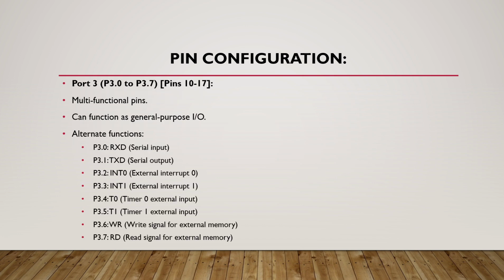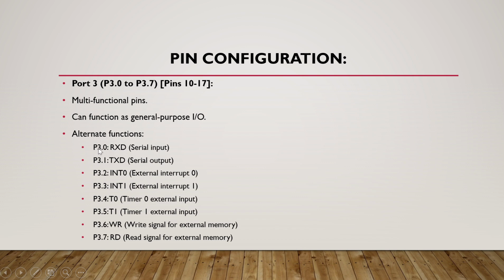Next, coming to port 3. In this port 3 we have multifunctional pins, right? They can function as general purpose IO pins, so we can use input and output pins, and also we can use them as special multifunctionality pins with alternate functions.